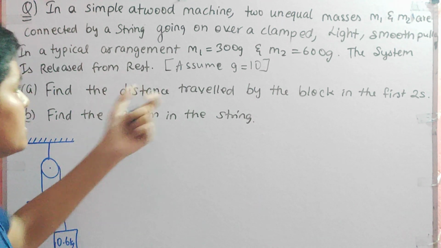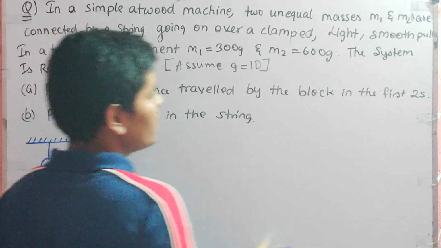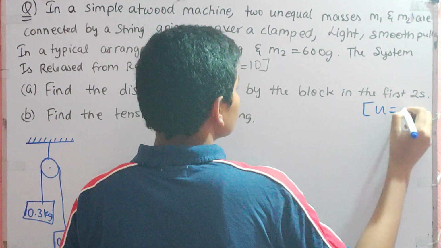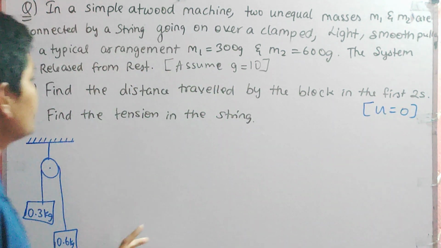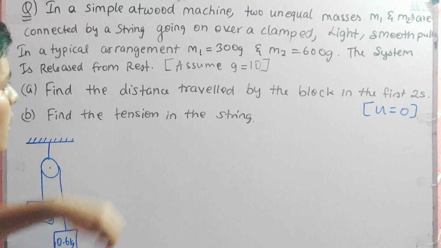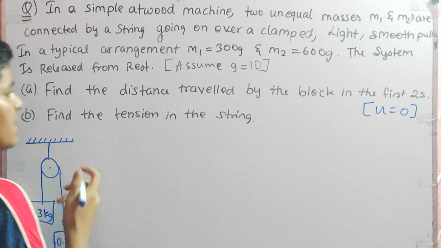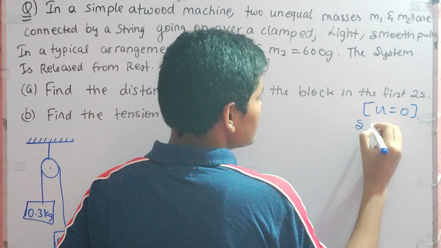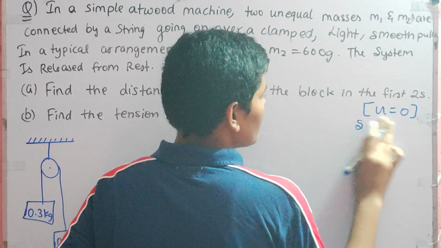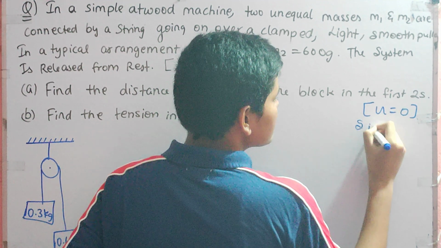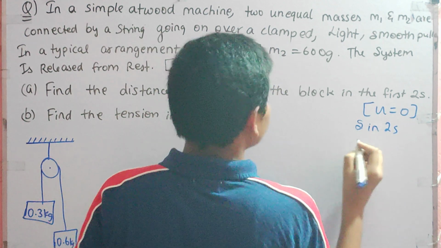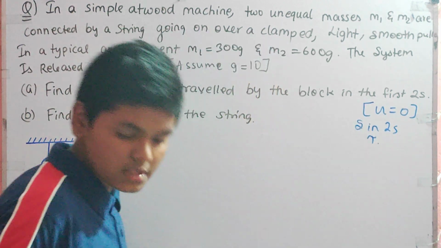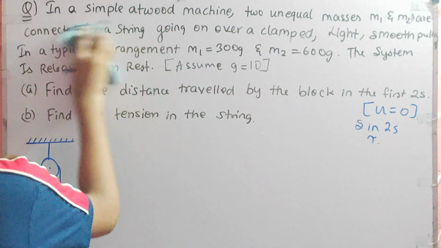The system is released from rest, so from here we can say that u is equal to 0. So we have to find the distance in 2 seconds and we have to find the tension. So this was our question over here.